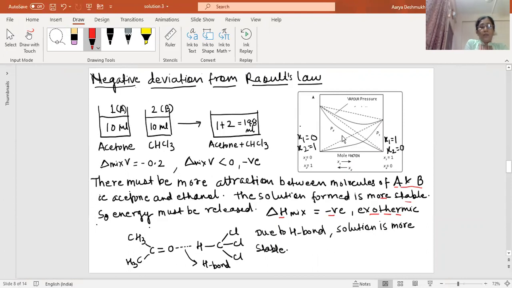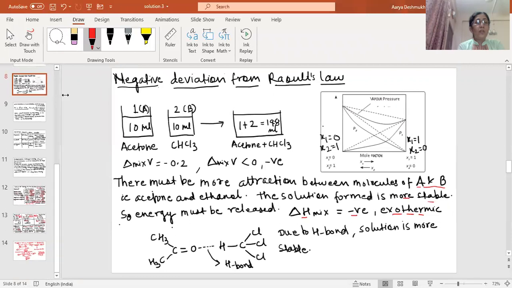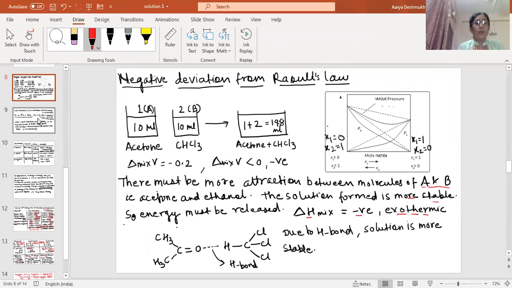There is a formation of hydrogen bond between these two, and due to this hydrogen bond, this solution is more stable here. So that increases the stability of the solution which is formed, and that results in the negative deviation from Raoult's law.